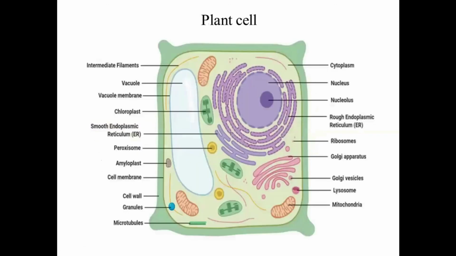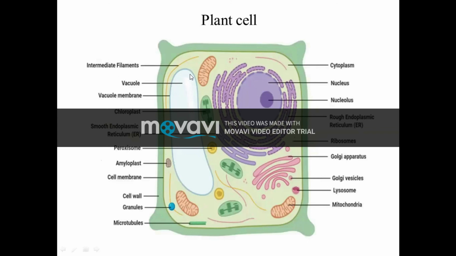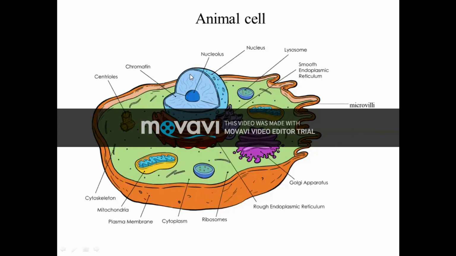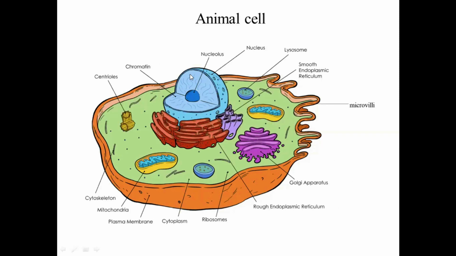If you observe the plant cell, you will see a large vacuole. This vacuole is present in a plant cell, but not in an animal cell. An animal cell lacks various cell vesicles as well as cell vacuoles. The difference between the vesicle and vacuole is their size.